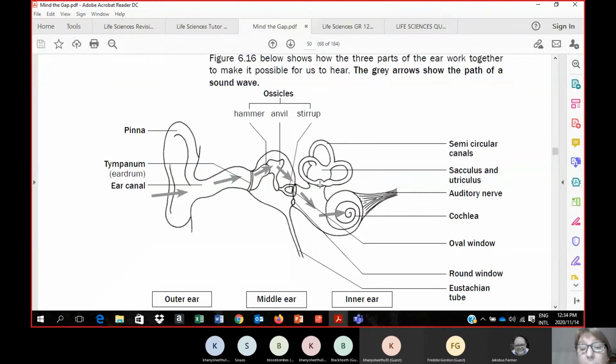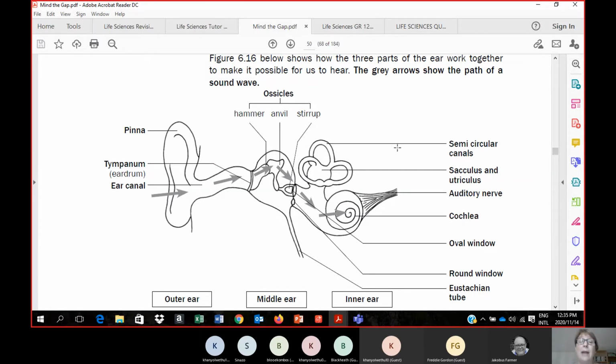So the cristae are found over here in these little swellings at the ends of the semicircular canals, and the maculae are found over here in the sacculus and utriculus, and they both help you to keep your balance. So you can imagine when you've been on a merry-go-round and you get off and you're feeling all dizzy, that's where your little receptors, your cristae and maculae, are involved.